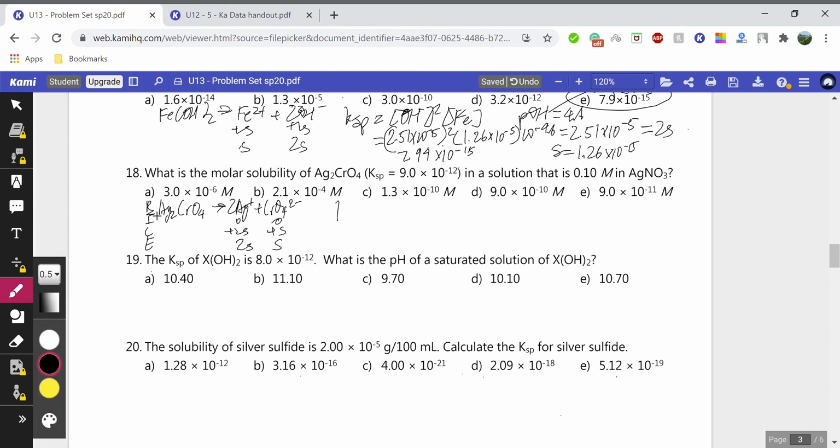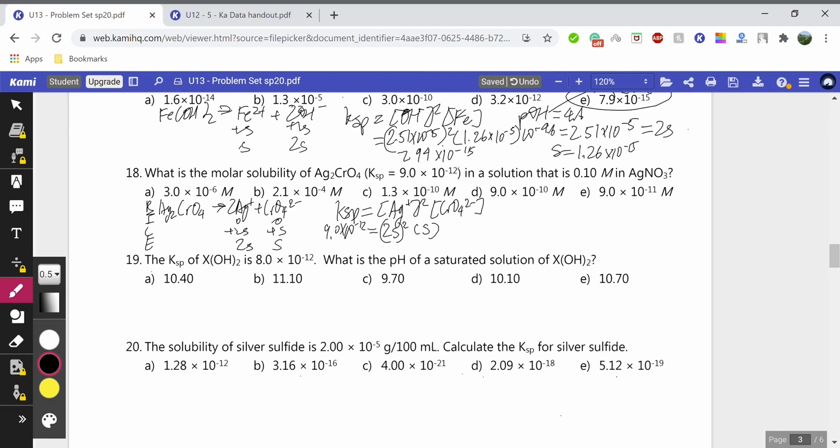Next, Ksp is equal to Ag plus squared times CrO4 2 minus. So this will be 2s squared times s, and the Ksp is 9.0 times 10 to the negative 12. So we have 0.1 molar of AgNO3, and it asks us what is the molar solubility for Ag2CrO4.